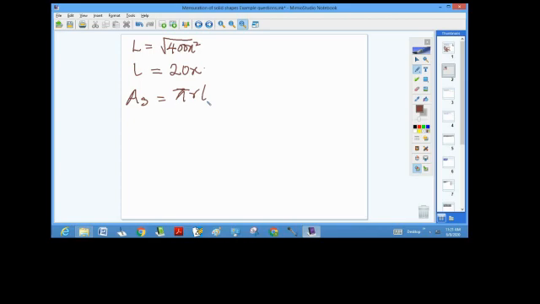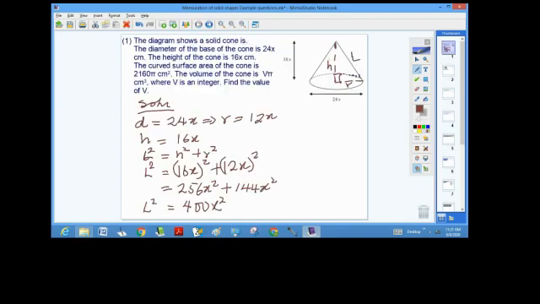So that is the formula for curved surface area of a cone. Substituting the values, this is equal to what we are given initially, which is 2160 pi.